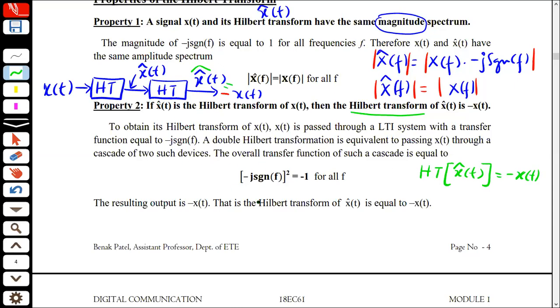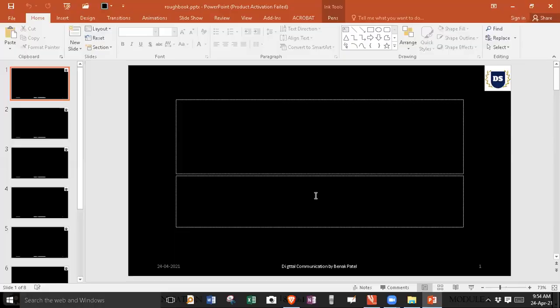Now let's try to prove this. They have generally made some statement here, but let's prove it. So property number 2.